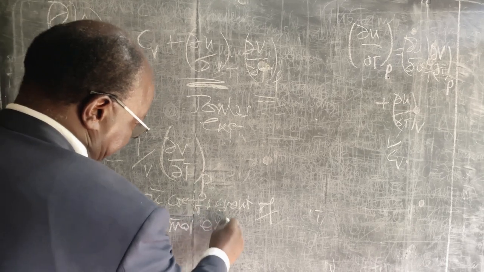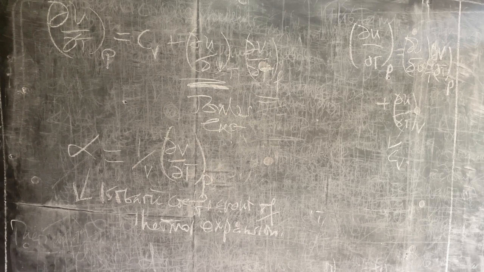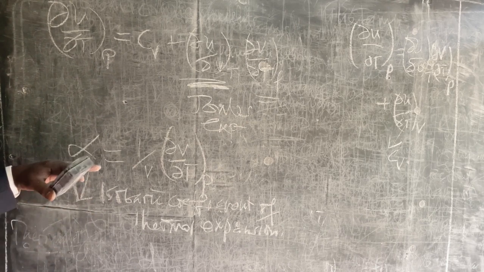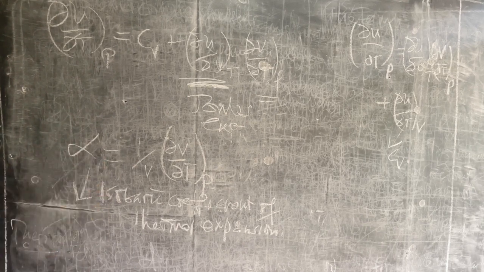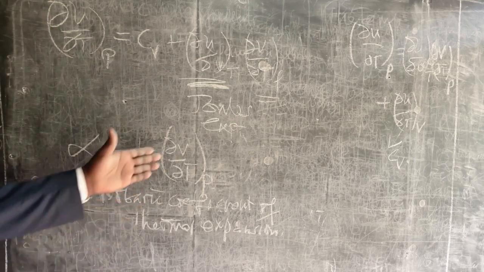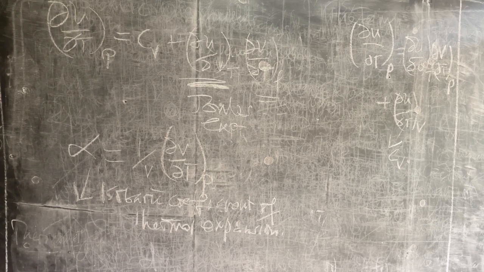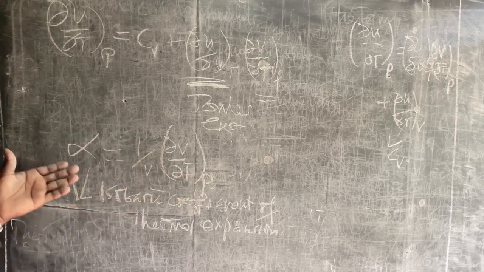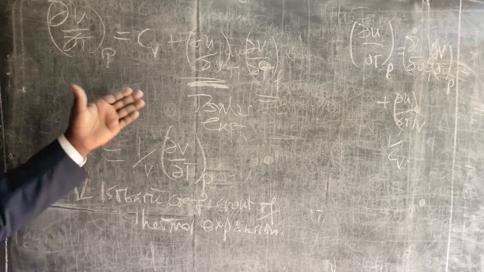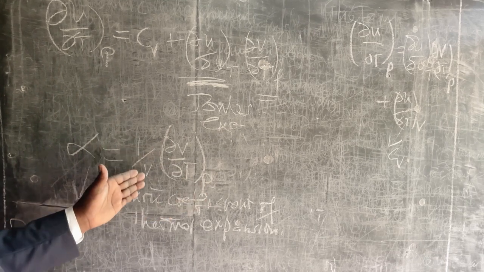It's a very important quantity in engineering and sciences, and different materials have different alpha values. From that, we are able to compute, for example, volume or temperature under constant pressure conditions. And we read this alpha as del V del T at constant P per unit volume.